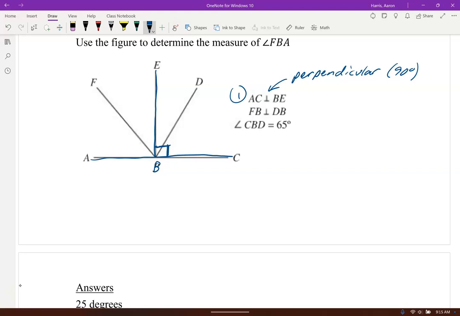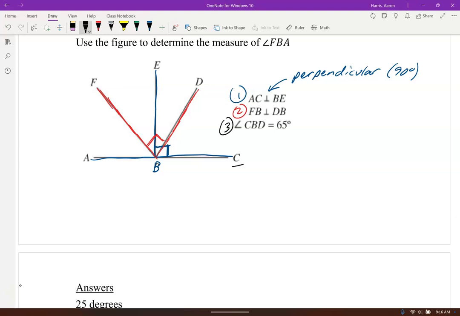Number two, it says FB, so here's FB in red, is perpendicular to DB. I know it doesn't really look like it, but those actually make a 90-degree angle right there. And finally, the third given, angle CBD.